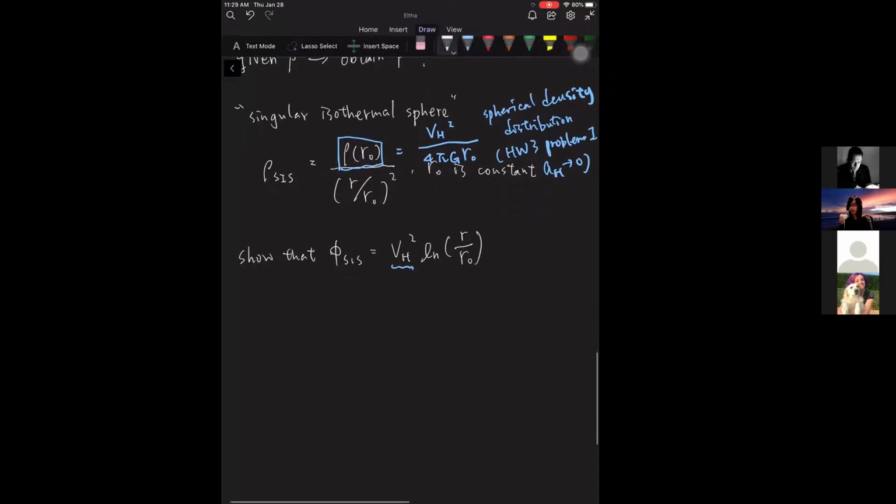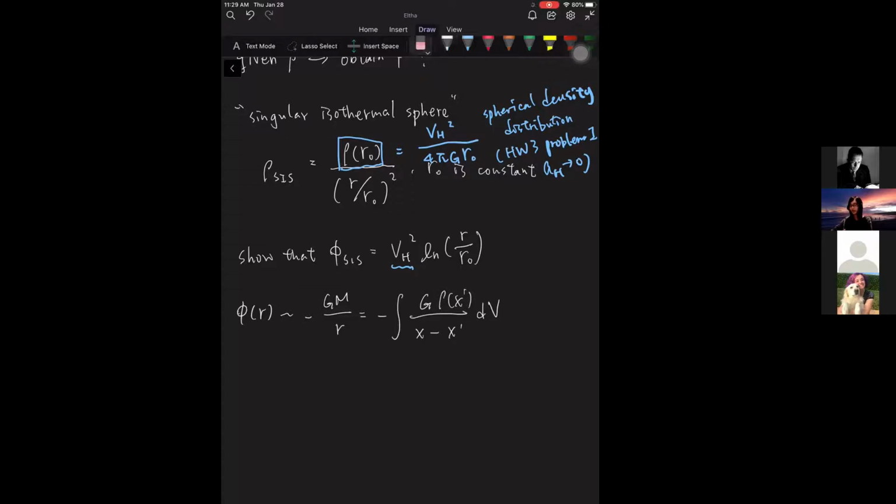To get the gravitational potential, first we know that gravitational potential is in a form of something like negative GM over R. And to write it down more specifically, it should be negative the integration of G rho of X prime dV over the absolute value of X minus X prime.